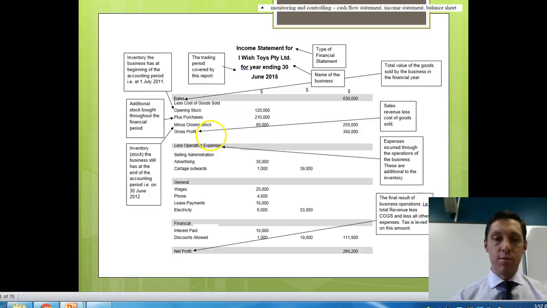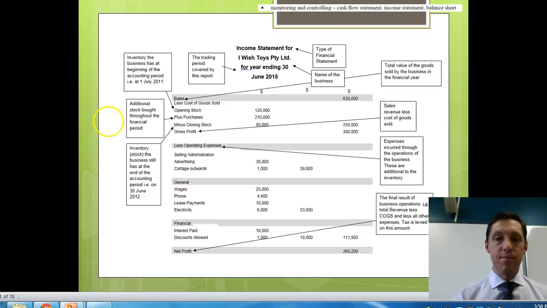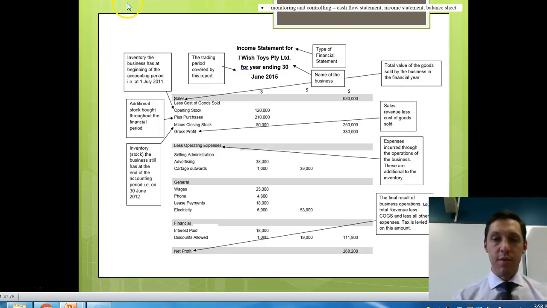But they didn't sell it all, because they had closing stock of $80,000. So that means at the 30th of June 2015, they had $80,000 worth of stock. So what does that mean? It means that their cost of goods sold was their opening stock of $120,000 plus the purchases of $210,000 less that closing stock, meant that their cost of goods sold was $250,000.